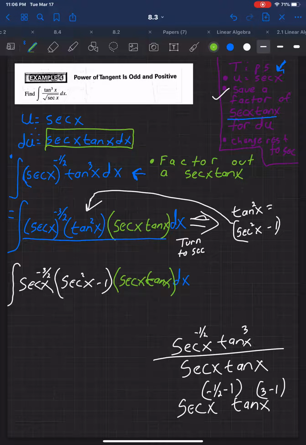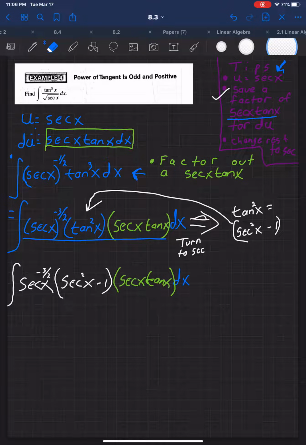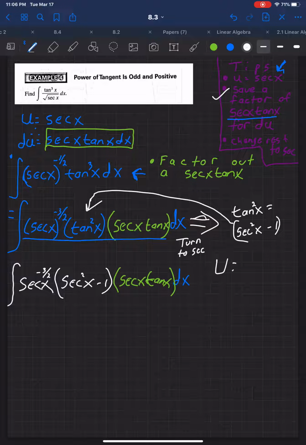And what do you propose from here? What do you think is going to happen from here? Well, the whole point of this was to use u substitution. So let's use u substitution. You can distribute if that helps you. As of right now, you can distribute your secants and then u substitute, or you can u substitute and then distribute.